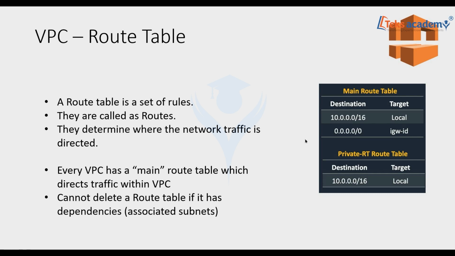So in my route table, if I add 0.0.0.0/0 and I give the target as internet gateway, that means my network traffic is directed towards the internet gateway, which will give connection to the internet, that is the outside world. And we can create our own private route tables as well based on our requirement.